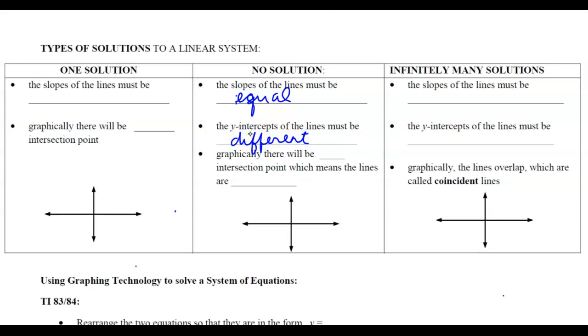And graphically, for no solutions, there'll be no intersection point, which means the lines are parallel. So an example would be something like that.